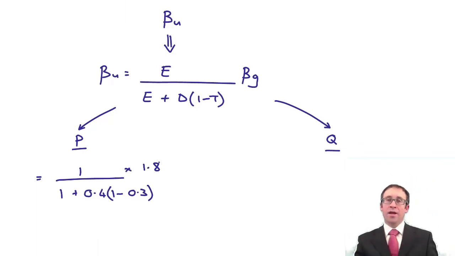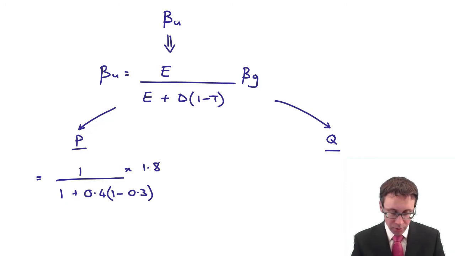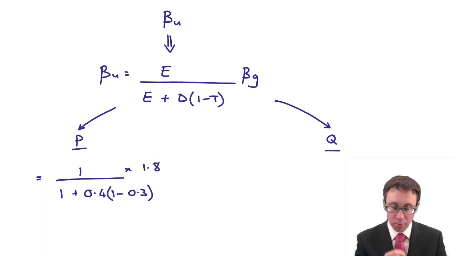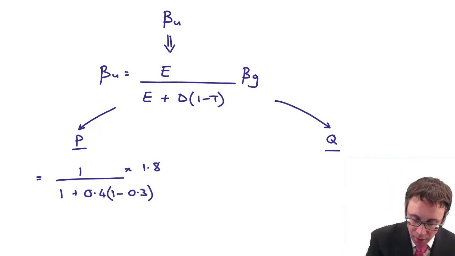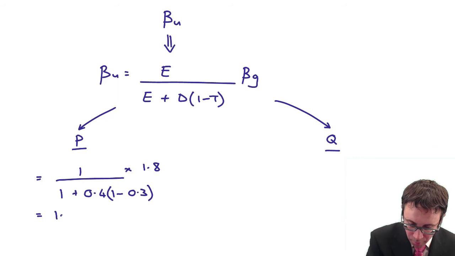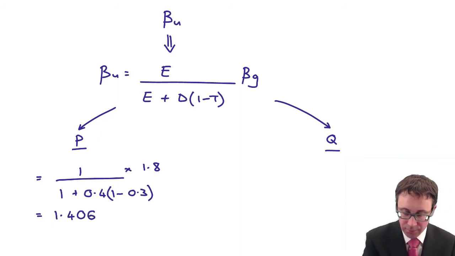So I'd work out the brackets first. At the bottom, 1 less 0.3 is 0.7, times that by 0.4 is 0.28, and add 1. So on the bottom you should have 1.28. 1 divided by 1.28 is 0.78125, and multiplied by beta G, the geared beta of 1.8, works out at 1.406.